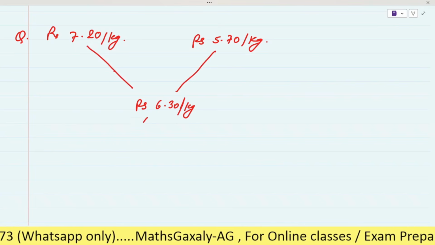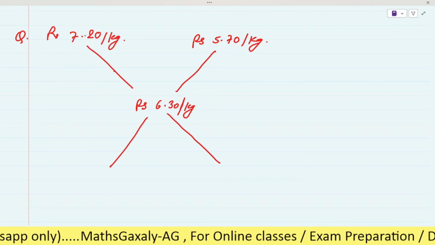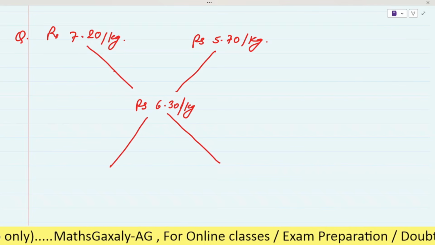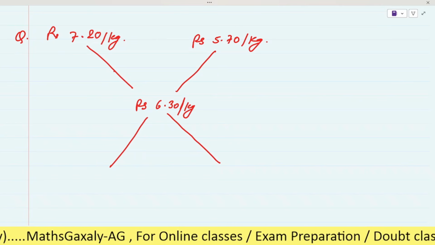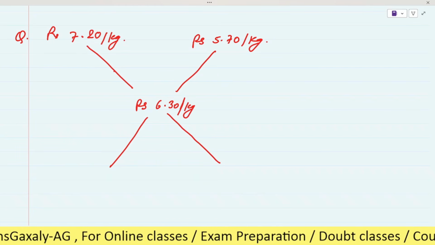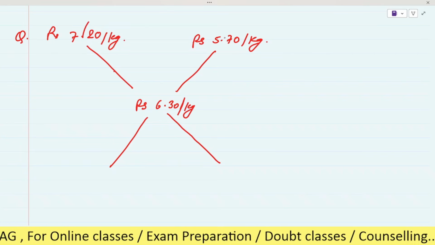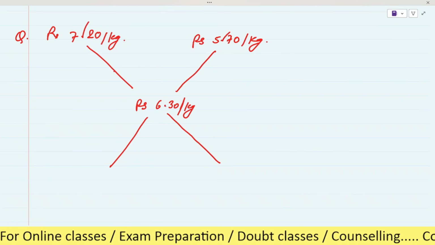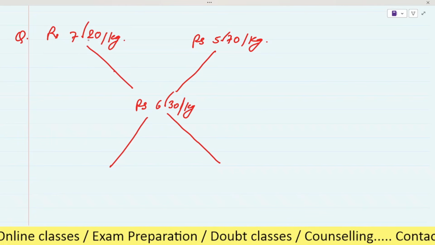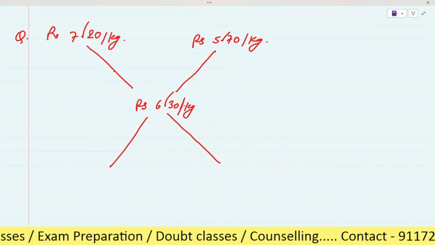See how we will do it. As you can see here, it's 2 digits after the decimal in each value, right? So here we can also remove the decimal directly. So it will become 720, 570, and here it will become 630.